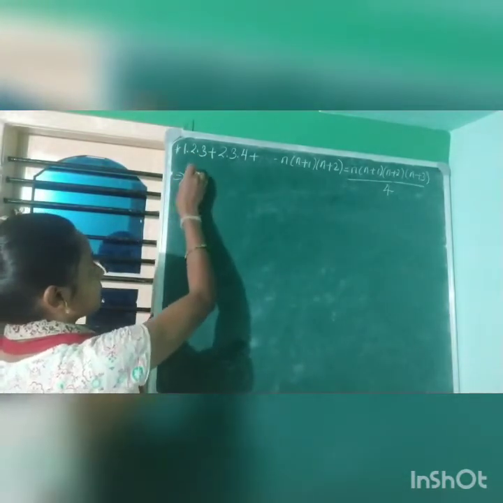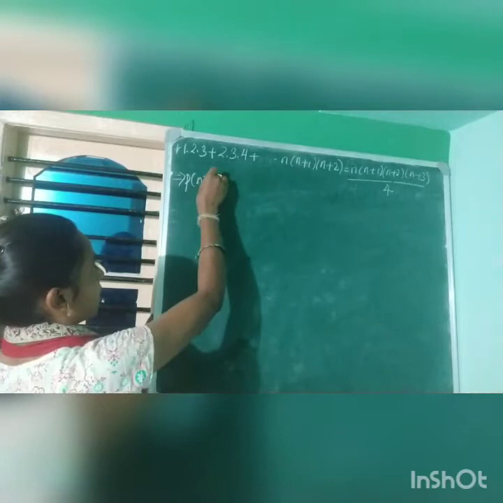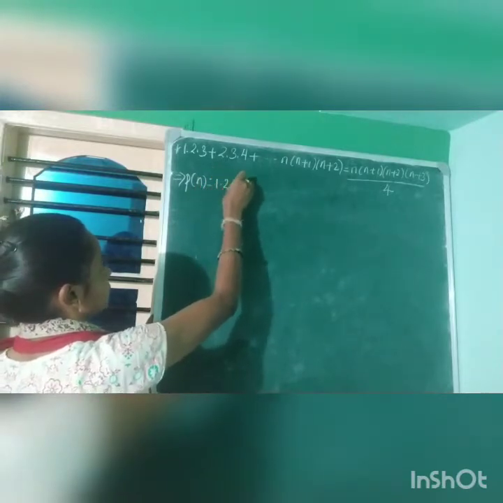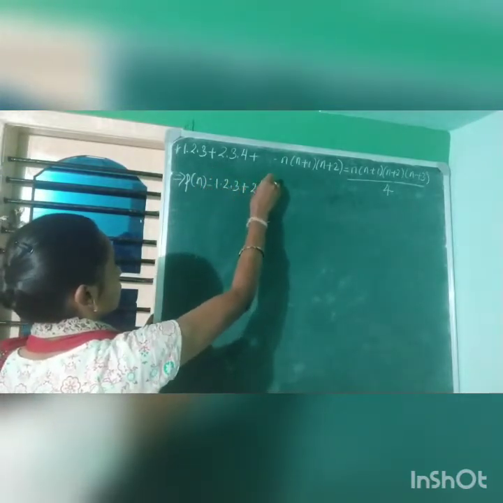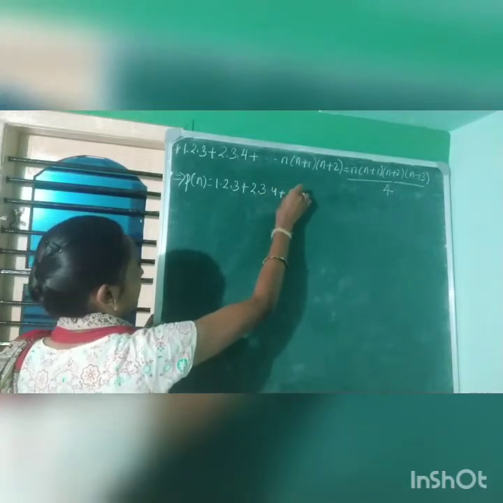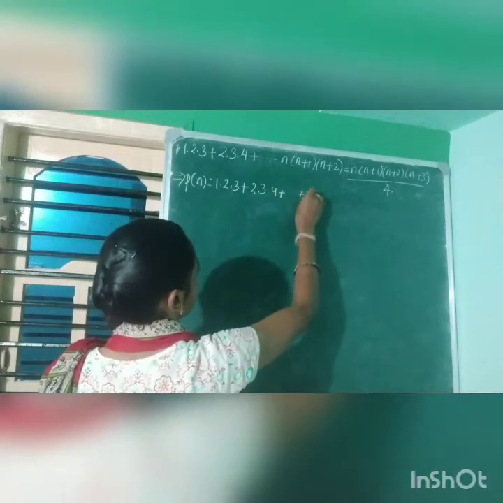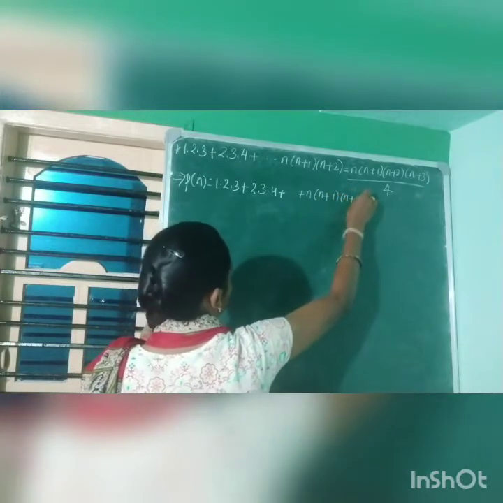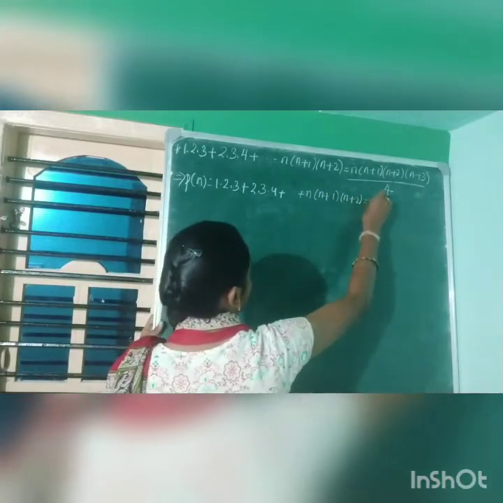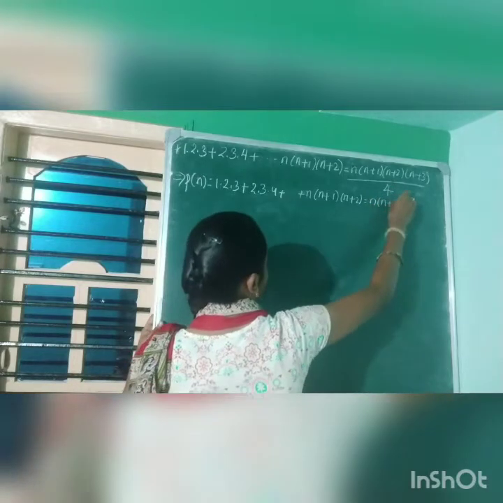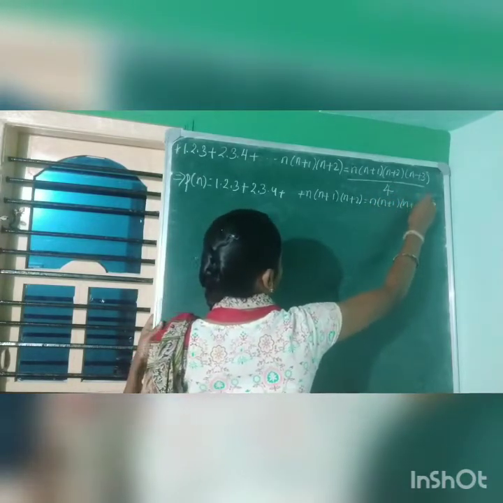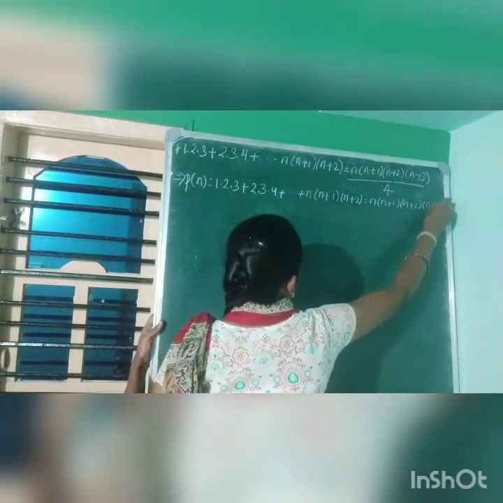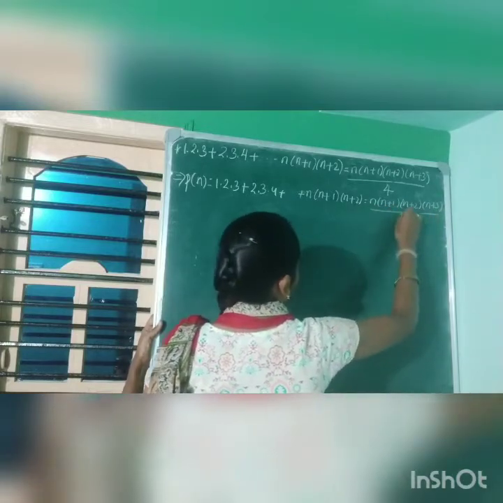Consider the given statement as P of n. P of n is 1 into 2 into 3 plus 2 into 3 into 4 plus, and so on, up to n into n plus 1 into n plus 2, and this is equal to n into n plus 1, n plus 2, n plus 3, all divided by 4.